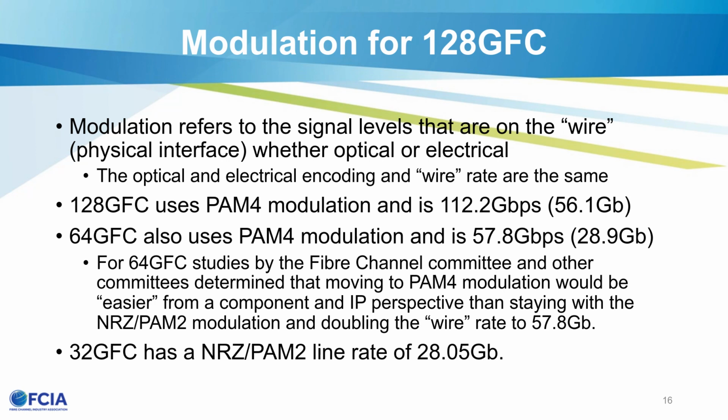For 32 GFC, we needed to go to a Reed-Solomon FEC, and what we picked for the coding gain that was needed was a Reed-Solomon 528, 514 FEC. We actually could do that. We have 64/66 data that we transcoded to 256/257. So we actually could get the coding gain of the Reed-Solomon FEC because we did transcoding without having to increase the line rate. So it basically was a doubling.